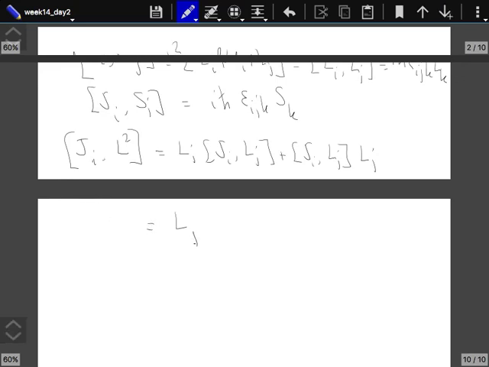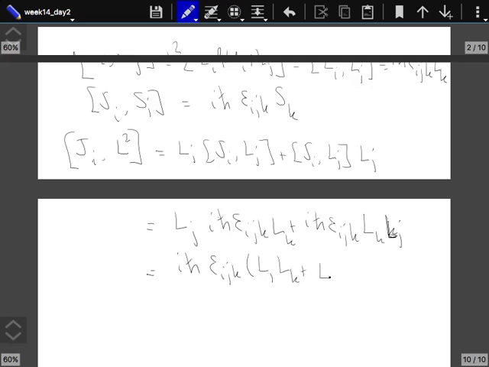This is equal to Lj i h bar epsilon ijk lk plus i h bar epsilon ijk lk lj, which is i h bar epsilon ijk (lj lk plus lk lj), which is 0.